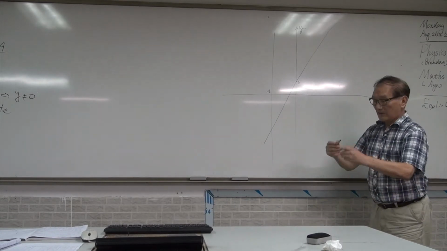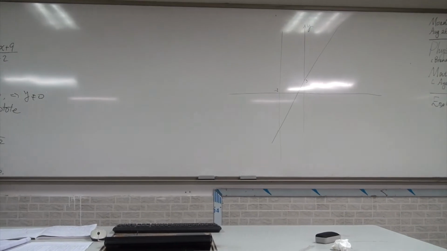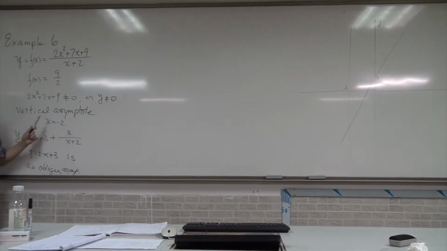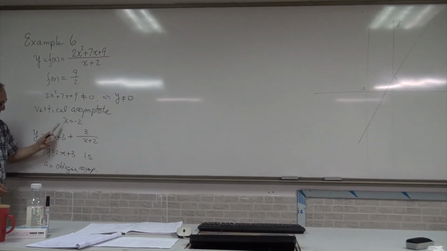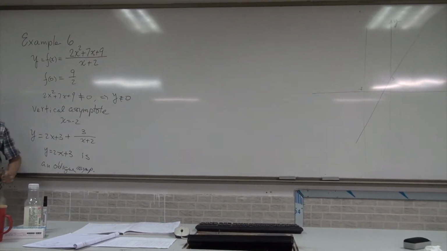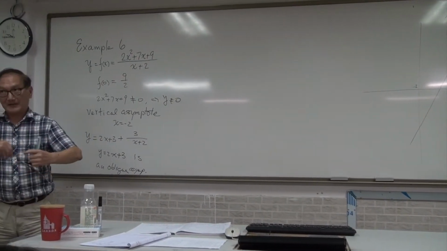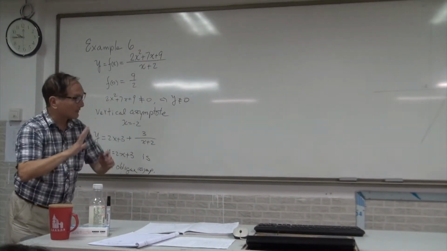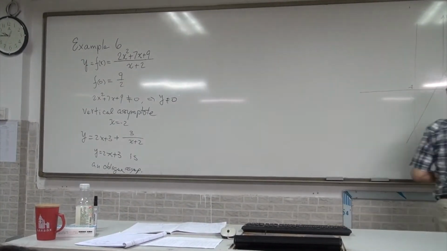Okay. So we have these pieces of information: intercepts, never touching the x-axis, vertical asymptote and oblique asymptote. These help us sketch the curve, but it's not enough. Then we have to show something else.